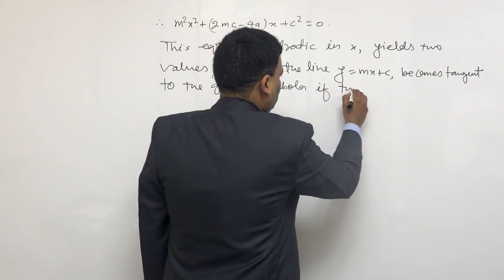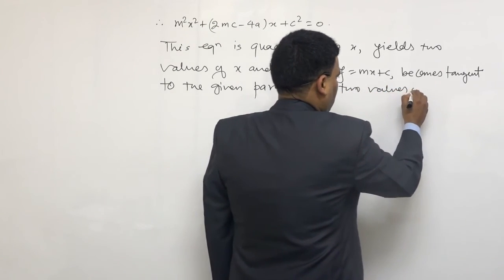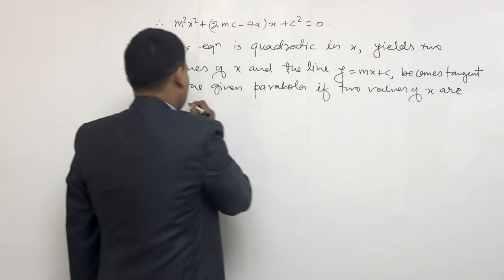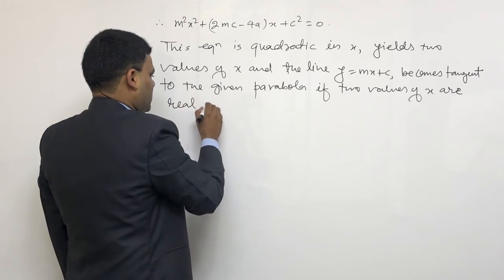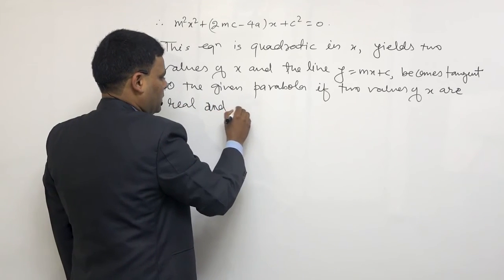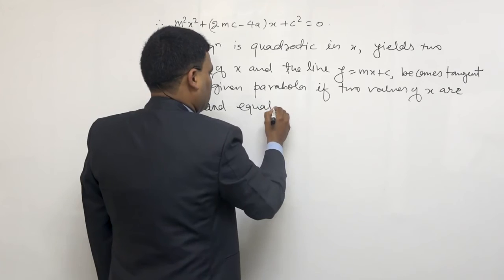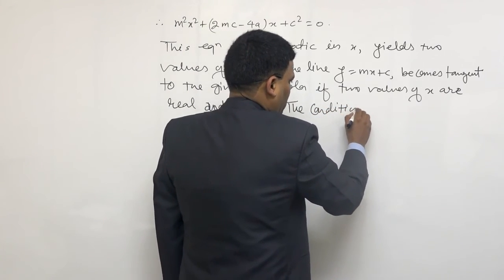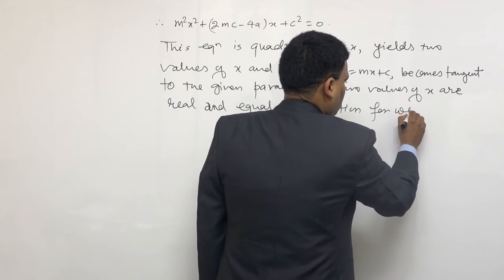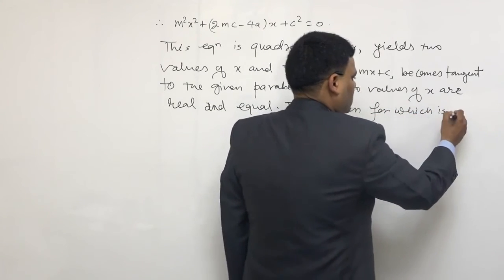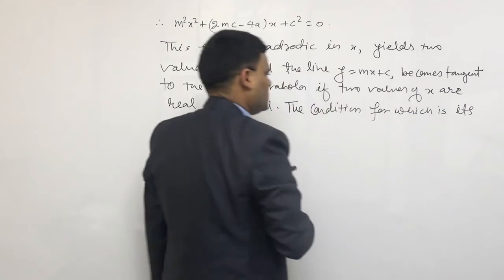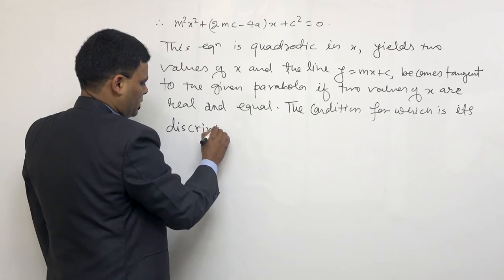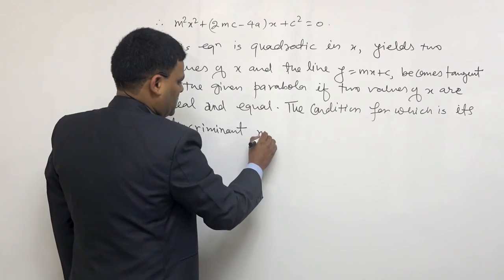if two values of x are real and equal. The condition for which is its discriminant must be equal to 0.